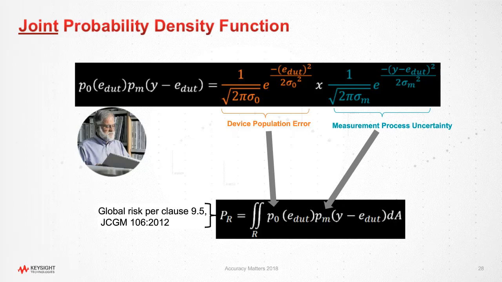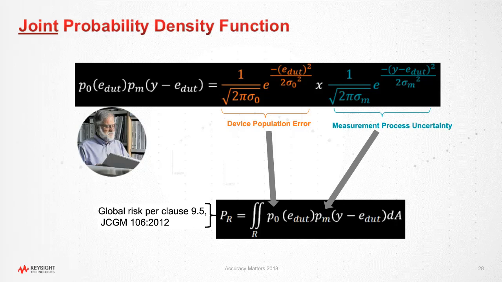So for instance, if something is good because of the first term and you measure it as out, it turns out that it's still good, right? So it's a combination of both of these things that are involved.